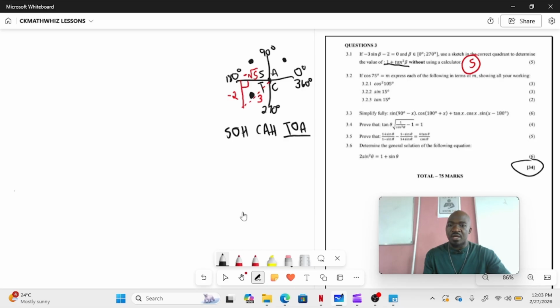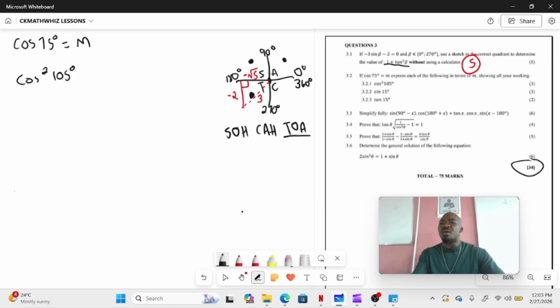Okay, now going back to that, you can simply see that on 3.2, we are now given that cos 75 degrees is equal to m. And if cos 75 degrees is m, then we need to express cos squared 105 degrees in terms of m.